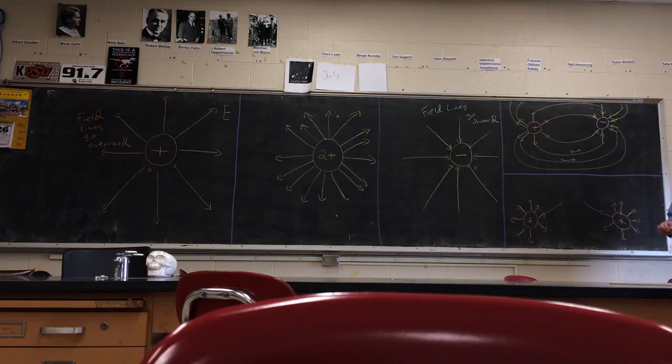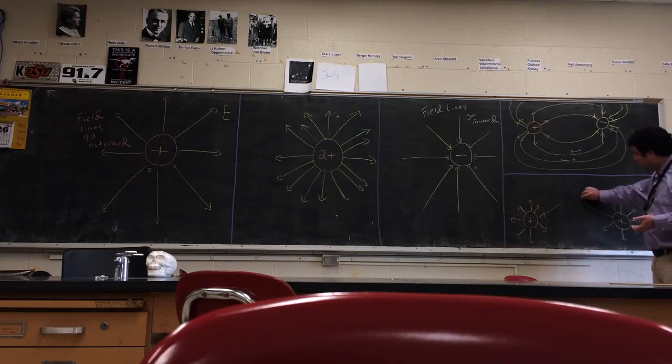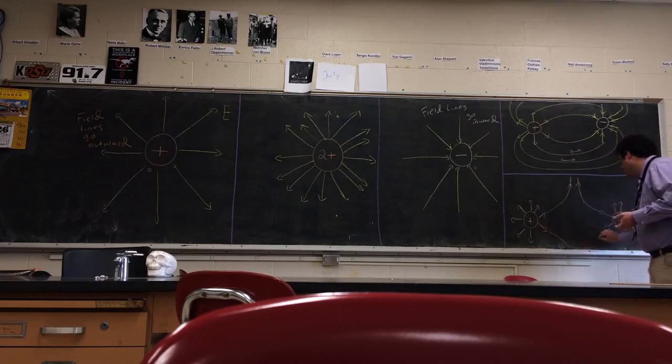But here's the deal. The lines can't really cross each other because they represent the force that a particle is experiencing in a certain location. So as these approach each other, they have to curve away from each other and not cross. The same thing happens here.